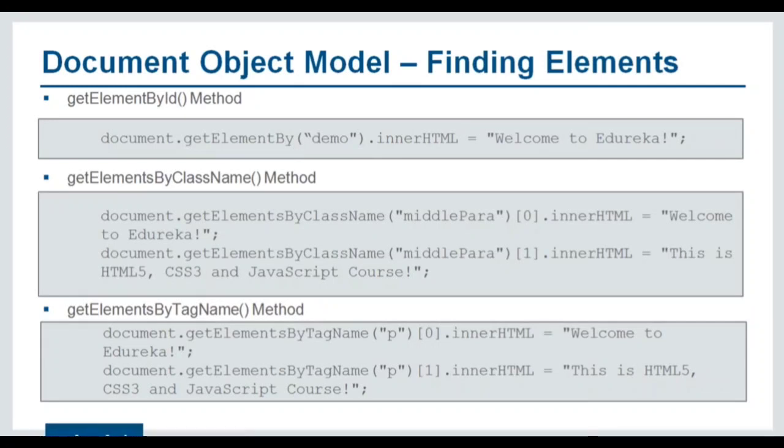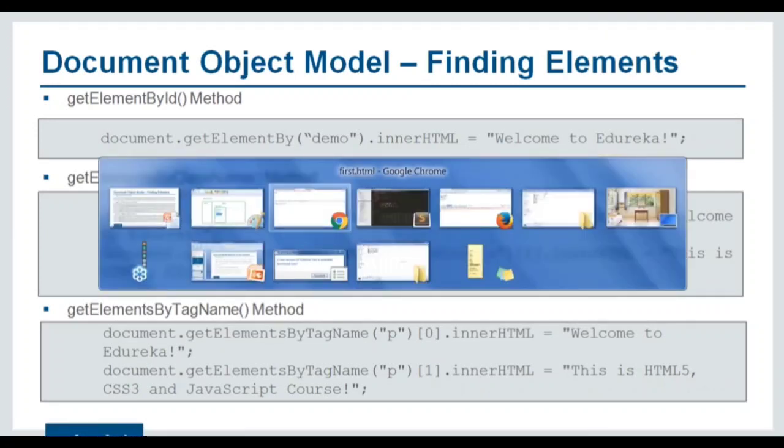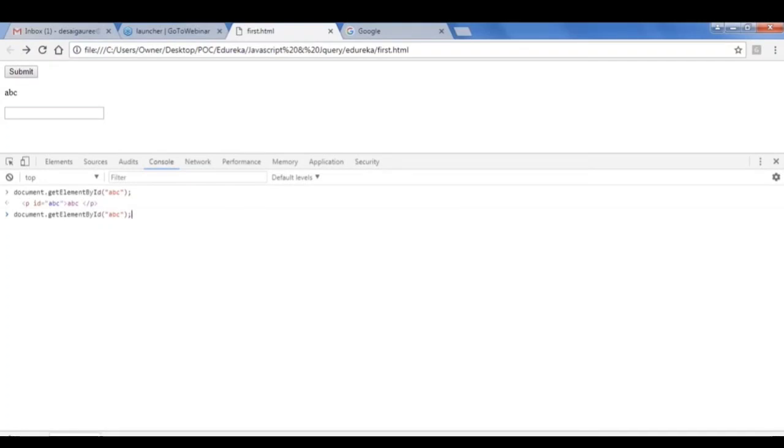So I've got this value now. I want to change its text. So the property that I need to change here is nothing but innerHTML. That will change its text. So let me try to execute it here. I have already got the paragraph and I know that it is the right paragraph I have.